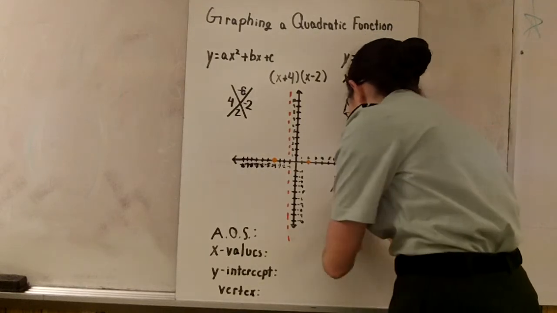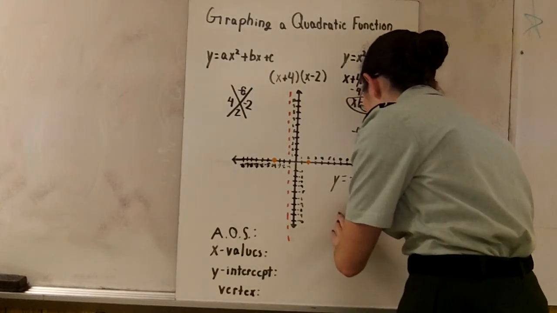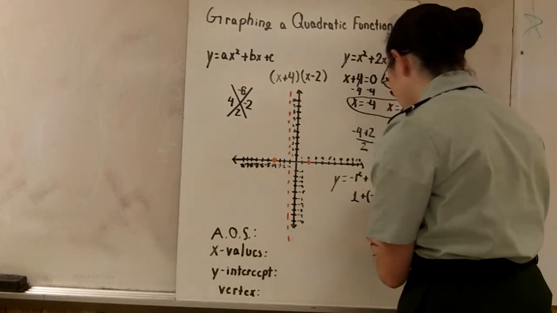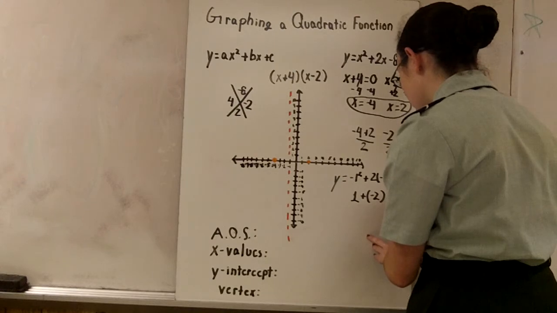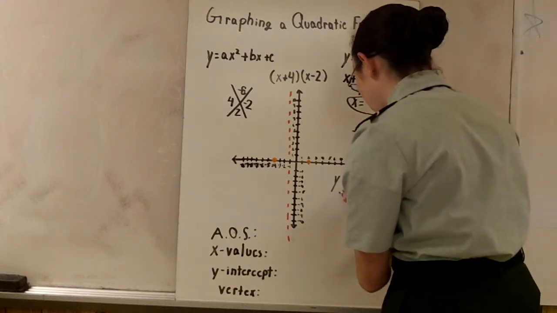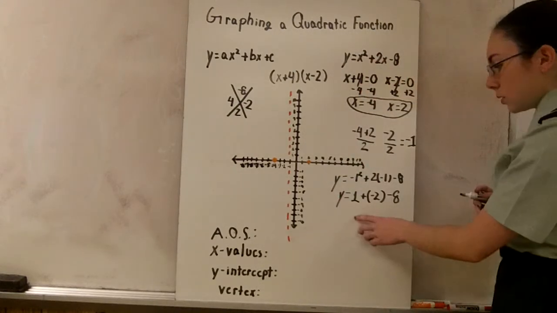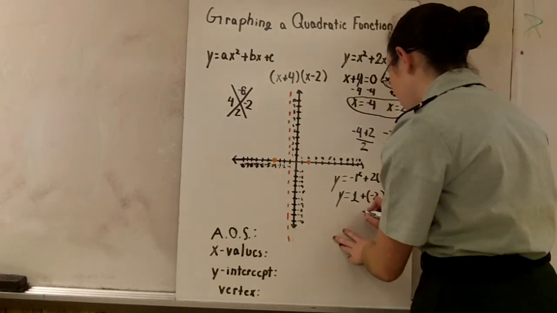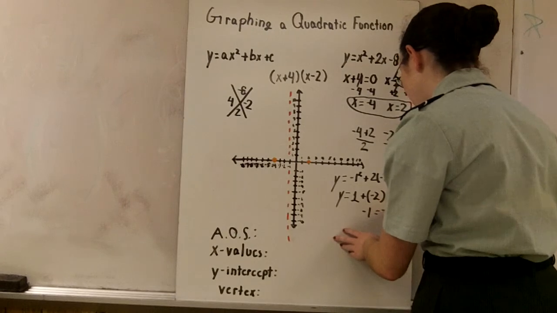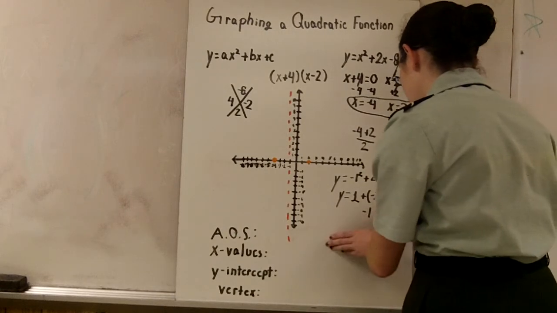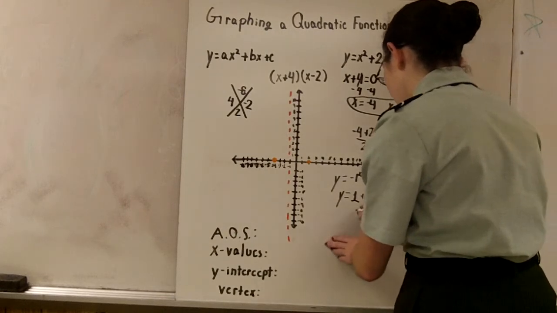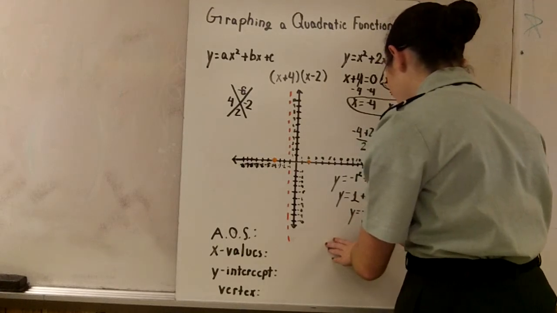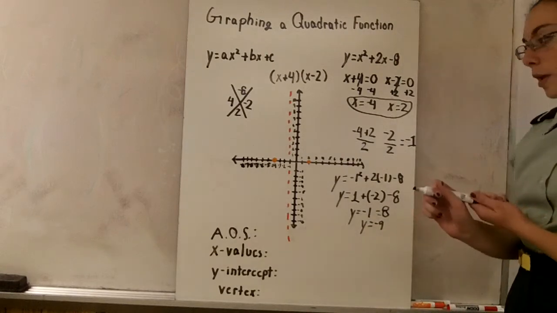So negative 1 squared is 1. 2 times the negative 1 is negative 2. And minus 8. So it's 1 plus a negative 2 minus 8. So it's negative 1 minus 8. So our y value equals negative 9.